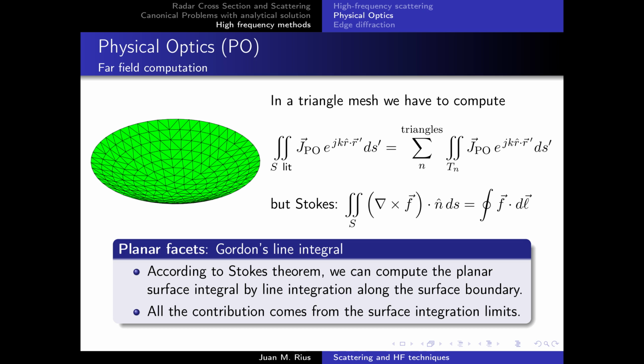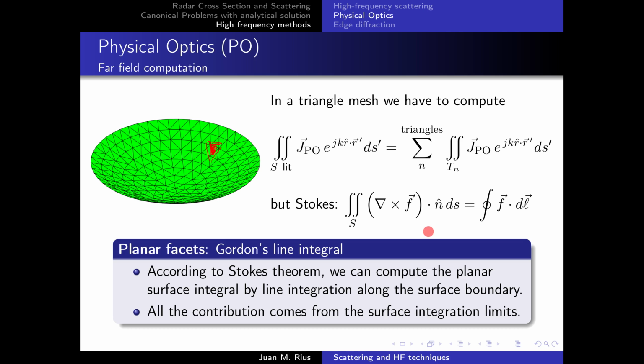We can compute the surface integral for a given triangle as the integral on the edges of the triangle using Stokes theorem. And this is very convenient because we have an analytical result for the physical optics integral on the edges of the triangles or the facets.